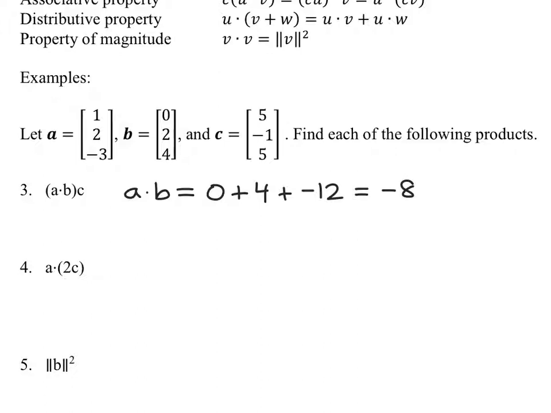All right, so we want A dotted against B multiplied by C. So the dot product of A and B, dot product always gives a result that's a scalar, not a vector quantity. So I'm going to use scalar multiplication to multiply negative 8 by C, and that result is going to be a vector. All right, so we're looking at negative 40, 8, and negative 40.